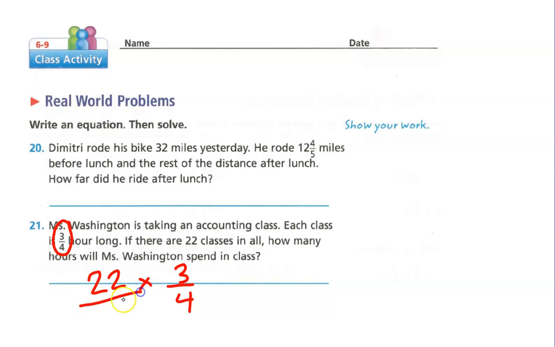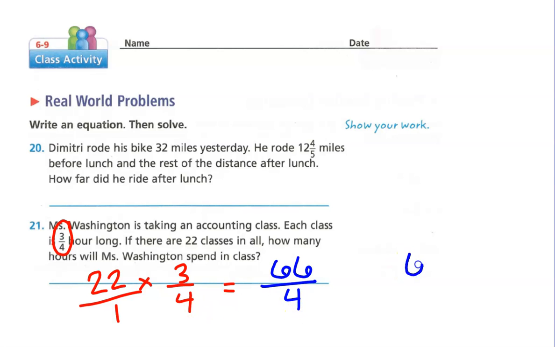So we are going to go ahead and make this 22 over 1, and then I get to just multiply across. That's the beauty of multiplying fractions. You're going to take your two numerators and multiply those together, which will end up giving you 66. And then you've got your fourths, because 1 times 4 is 4.